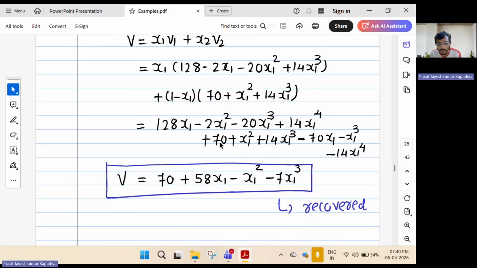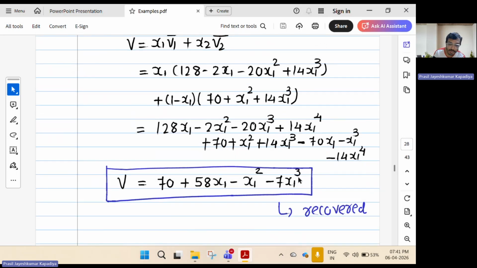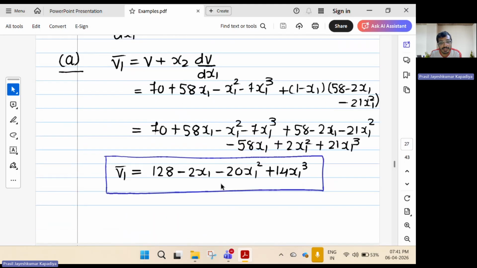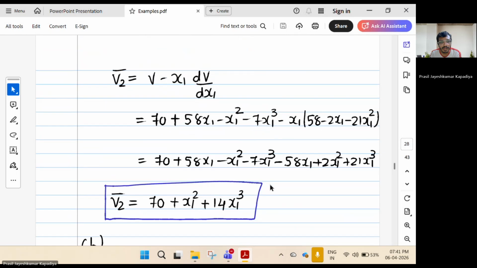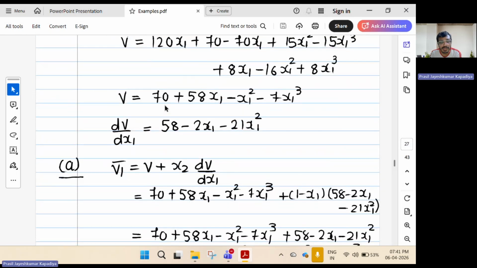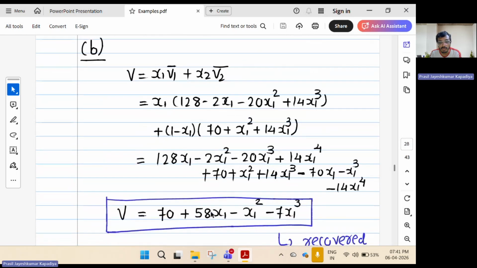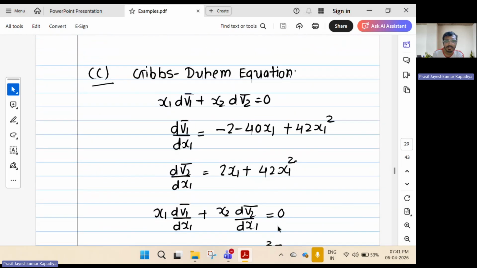So the first constant term is 70, then the x1 terms, then the x1 square terms, then the x1 cube terms. So is it recovered? If we check the formula, it is 70 plus 58 x1 minus x1 square minus 7 x1 cube. So we have recovered the equation.